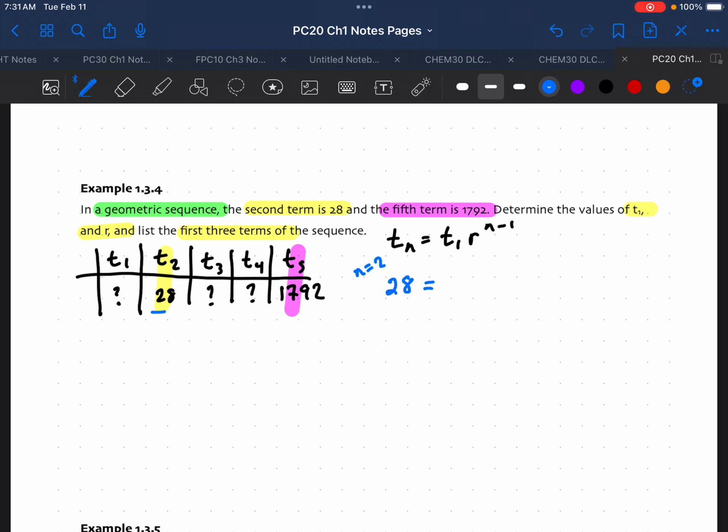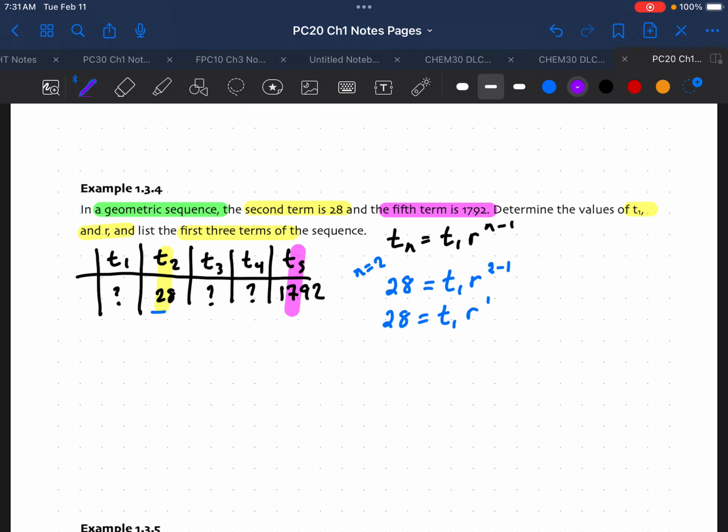That's equal to term 1, which we don't know, times our common ratio, which we don't know, to the power of 2 minus 1. Simplifying this equation a little bit, I get 28 is equal to our first term times r to the power of 1. I don't know what r is. I don't know what term 1 is. I have two variables here that are missing.